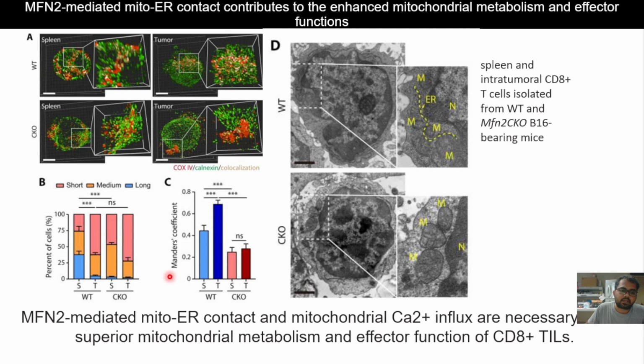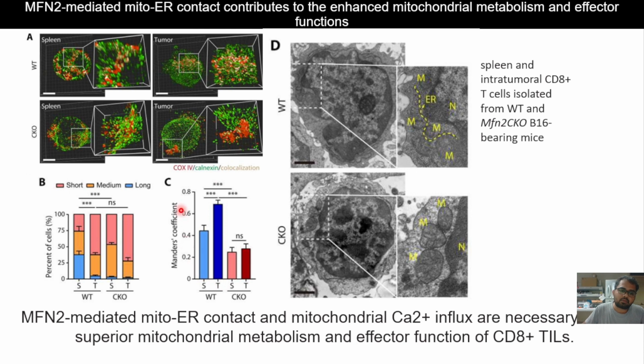But when you compare the Mander's coefficient, which basically shows how much two molecules are co-localized, for example, in this case they use COX4, which is a complex 4 of the electron transport chain, and calnexin, which is a marker for the ER. So how much they are co-localizing.